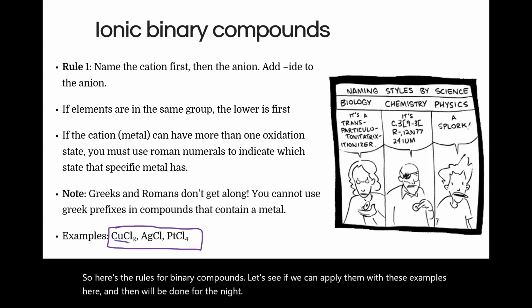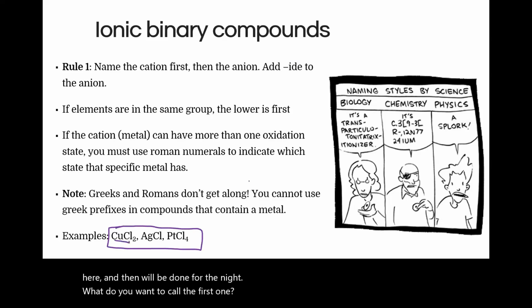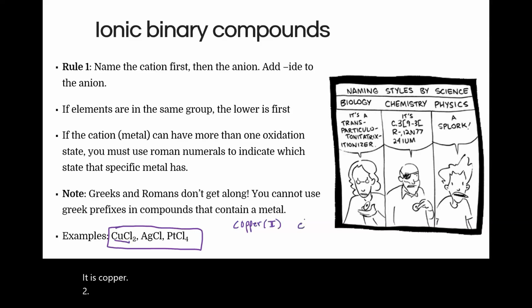What do you want to call the first one? Anyone know what Cu is? Oh, Matthew does. It is copper 2 chloride. So if you look at copper, you have a choice of +1 or +2. So that means they're both common.